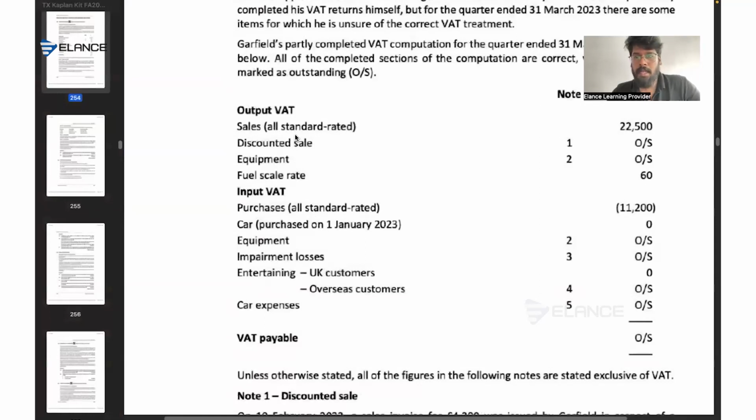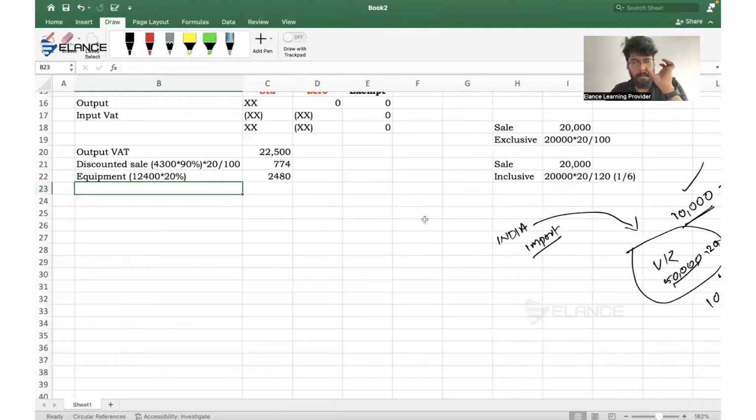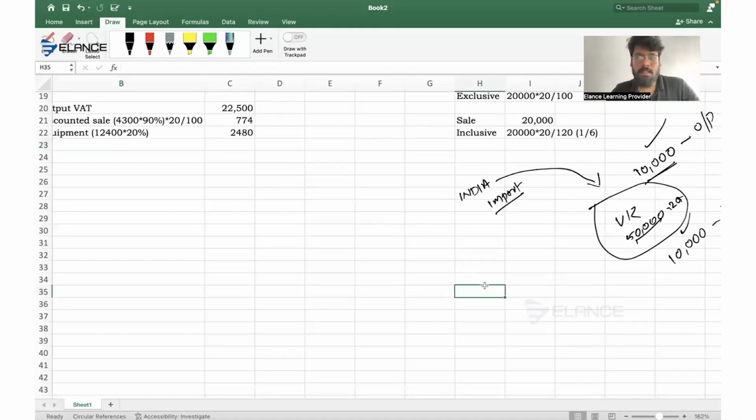In the output VAT, there is another thing: the fuel scale rate. It is already computed and directly given as 60. So what is the fuel scale rate? When a VAT registered trader uses fuel in a company, they can reclaim the input VAT on fuel.